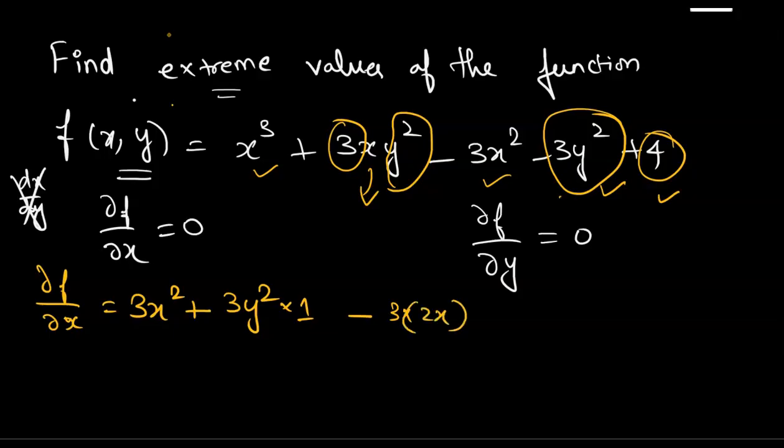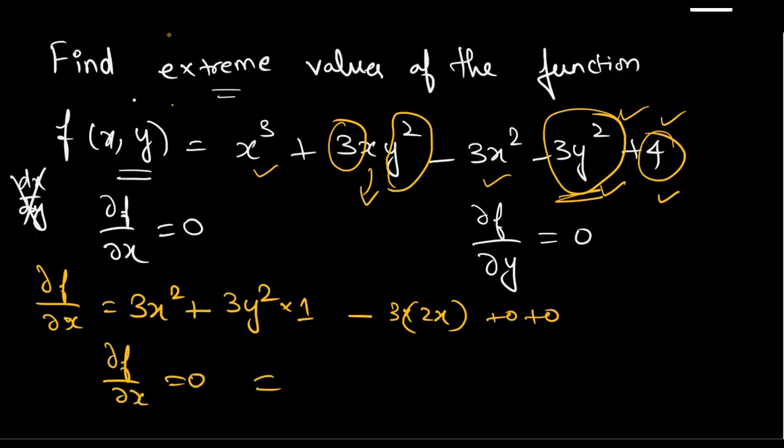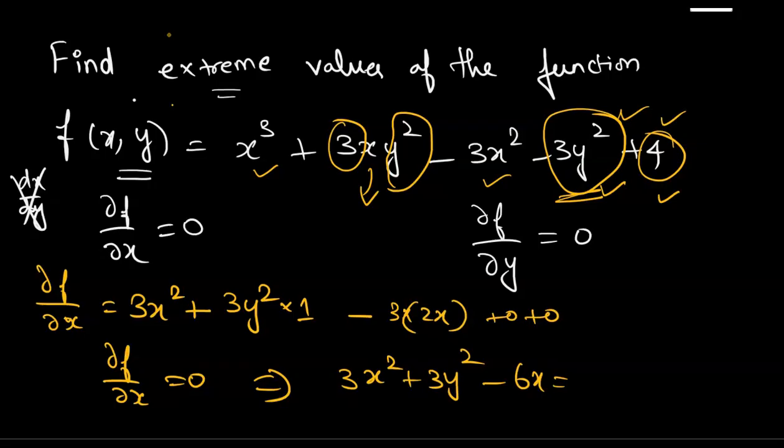And this is a pure constant. If I differentiate a constant, I'll get 0. So del f by del x equal to 0 means 3x square plus 3y square minus 6x is equal to 0. Let it be on one side.